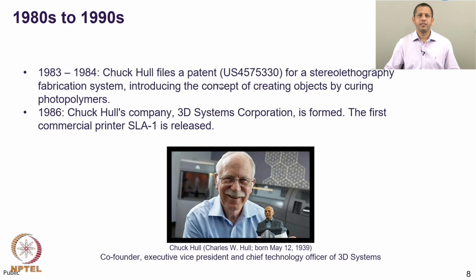Between 1983 and 84, Chuck Hull filed a patent for a stereolithography fabrication system and introduced the concept of creating objects by curing photopolymers. In 86, he started a company called 3D Systems Corporation, where the first commercial 3D printer, the SLA-1, was introduced.